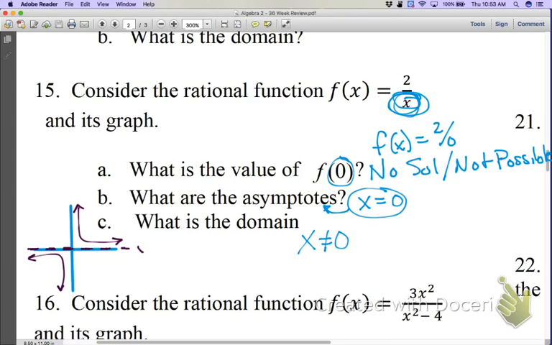So your asymptote is x equal to 0, but that's everything that x can't be. Okay? It can be everything but that 0. Your asymptote is just that dashed line that creates kind of your wall that it never can cross over.